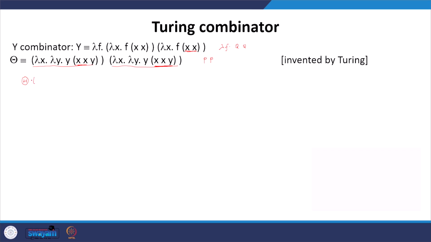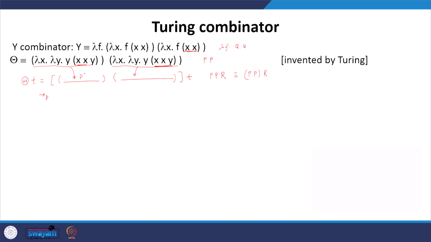So, let us try to do theta t. You have this term, that is PP, and this is our t. If we do beta reduction, it is of the form PPR. Now, it is not really coming around, so we have to evaluate PP first.